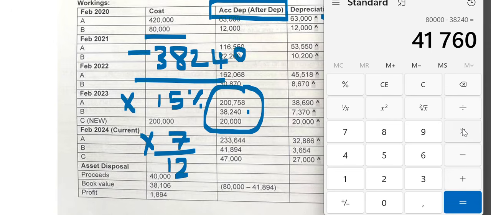We multiply this by 15%, 6264, and we've had it for the current year for 7 months, multiplied by 7, divided by 12, and thank goodness we get what's on the memo, 3654.